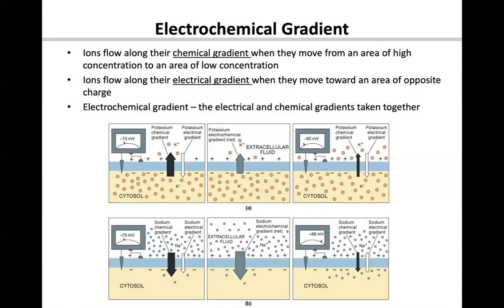But for our current part, we need to understand one basic piece of information: potassium always has a tendency to move from inside of the cell to the outside, and sodium always has a tendency to move from outside to inside because of these changes in the gradient.